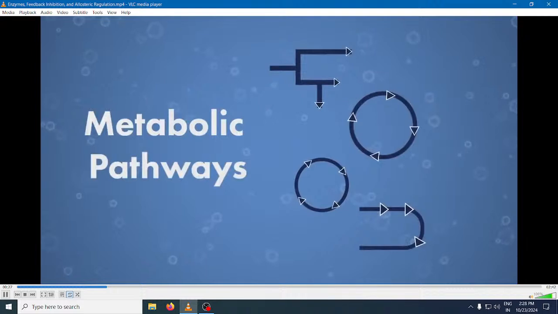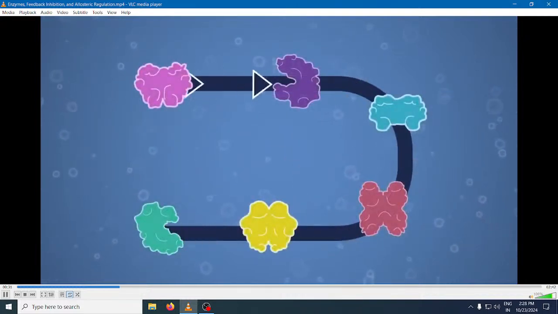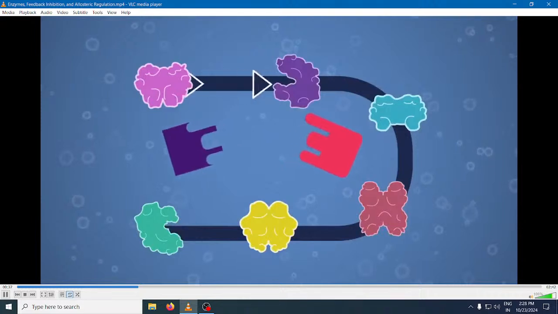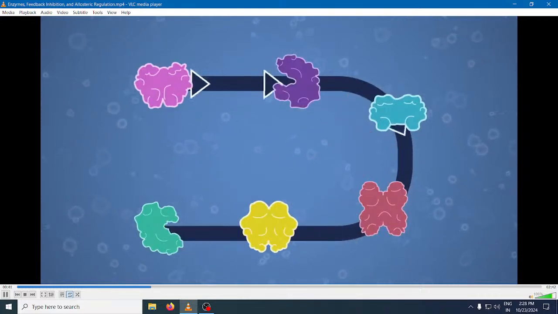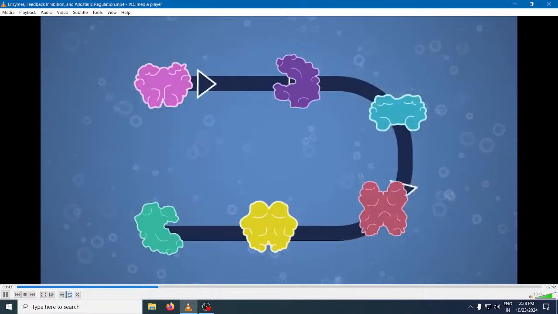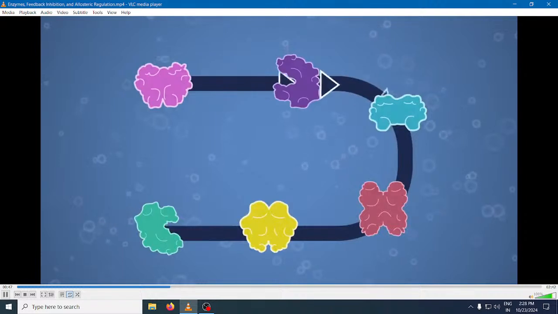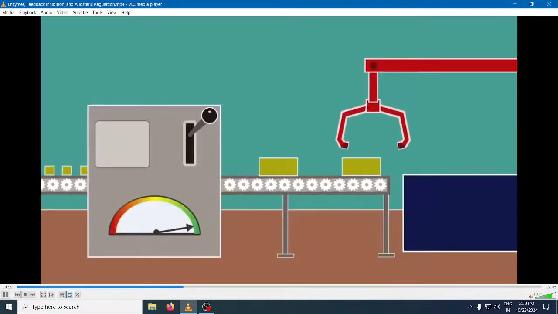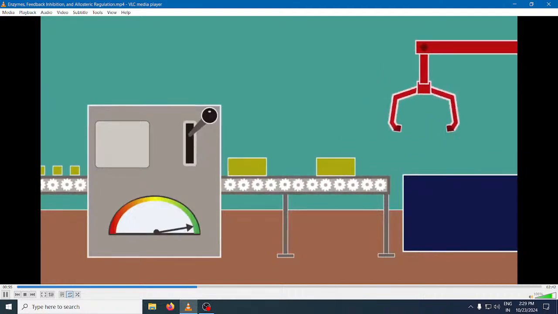Millions of biochemical processes are necessary for keeping us alive. The pathways used to convert substrates such as glucose into products are collectively metabolic pathways. The drivers of these metabolic pathways are enzymes. Enzymes are usually proteins that work to assist chemical reactions by building or breaking down molecules. However, enzymes don't drive reactions at a constant rate. The rate of reaction can speed up, slow down, or stop completely according to the cell's needs. This process is analogous to an assembly line where raw materials are converted into products.